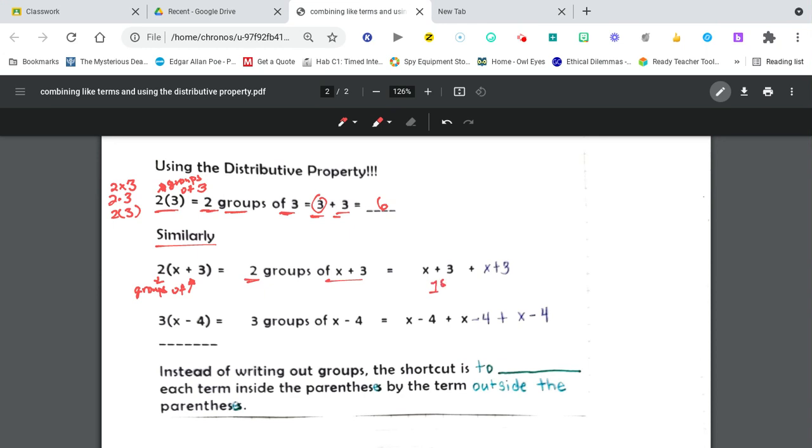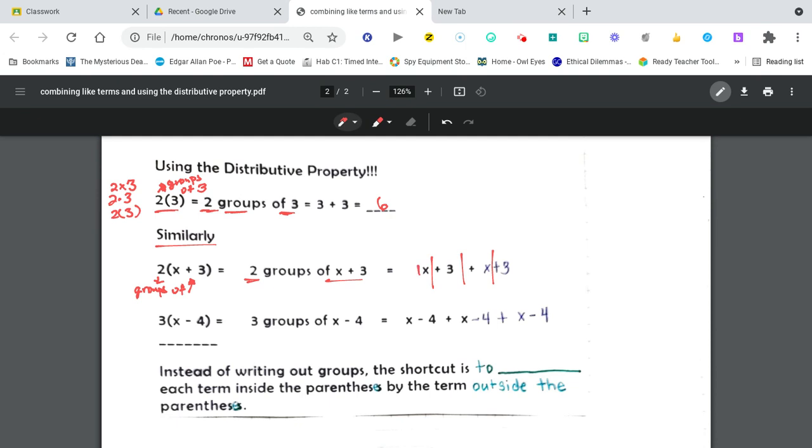So here's the first x plus 3, and here's the second x plus 3. But you add them together. You got to put a plus sign between them, okay? Same thing here. The plus sign has to go between them. So there are my 2 groups. First and second group of x plus 3. But you should be able to combine like terms. So before every plus or subtraction sign, put a bar.